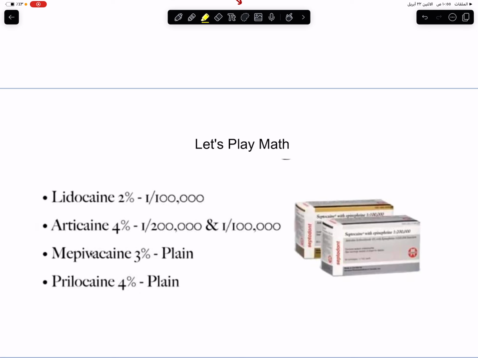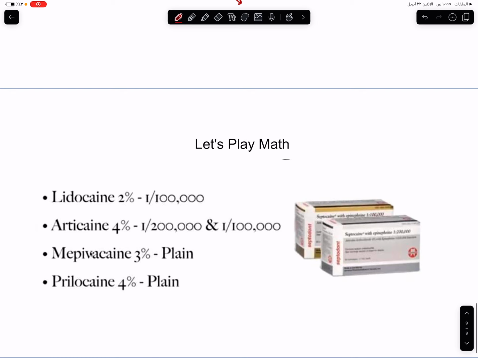Plain means when it is alone. When we say 1 over 100,000 or 200,000 or 10,000, that is when it is given with adrenaline. Whenever it is in ratio, the ratio is for the adrenaline.